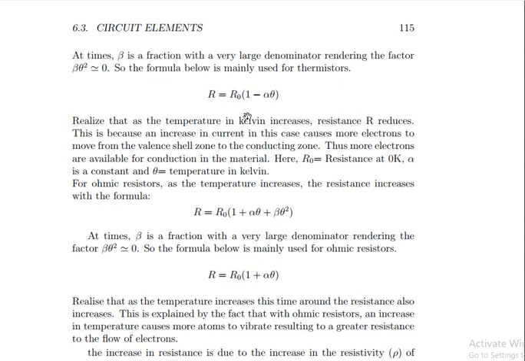Now in the case of thermistors, as temperature increases, the resistance reduces just because more electrons are moving from the valence shell zone into the conducting zone for them to conduct more current. So this is why the resistance reduces.